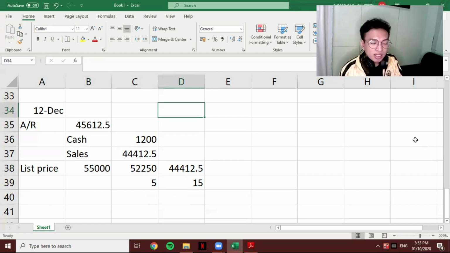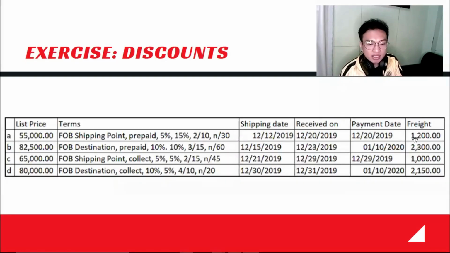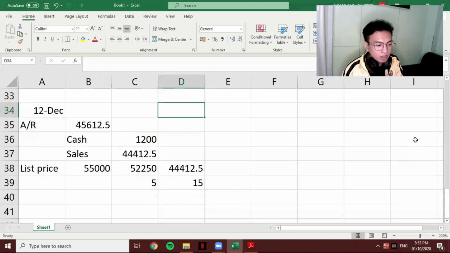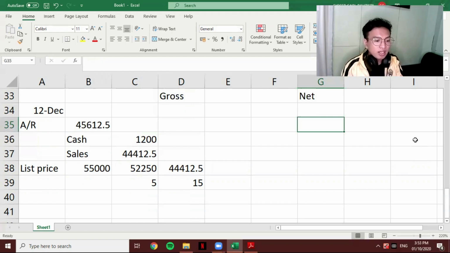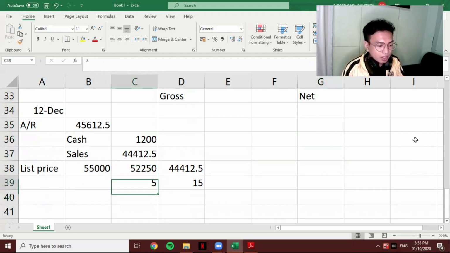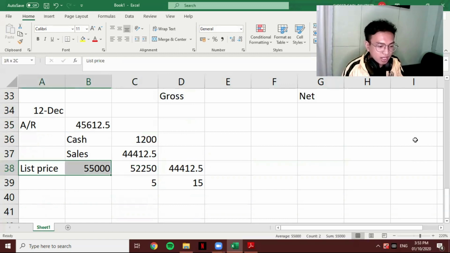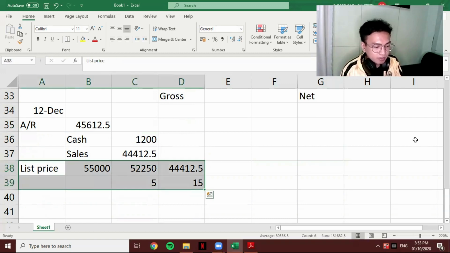Now let's see if this is paid within the discount period or not. Let's have the gross method and the net method. And what if they are paid? Kasi natin to, lagay natin sa taas.